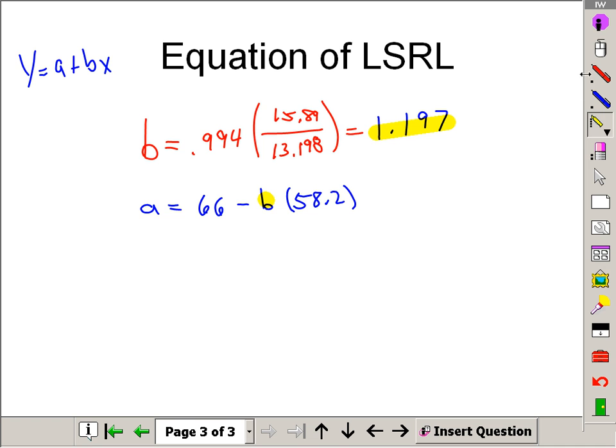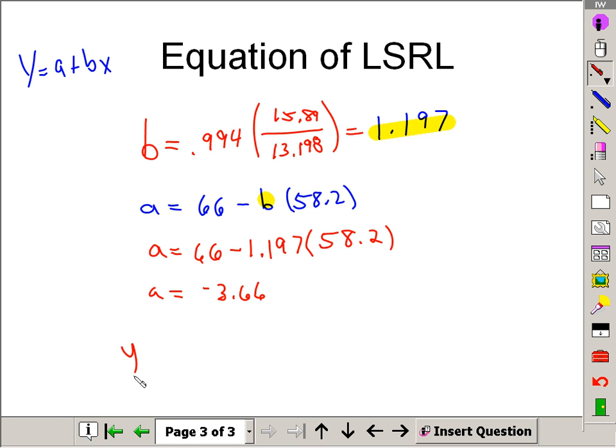And again, here's B. So we can generate that equation as 66 minus 1.197 times 58.2, and we come up with y hat, correction, we come up with a being negative 3.66. So our final equation, y hat, is negative 3.66 plus 1.197x.